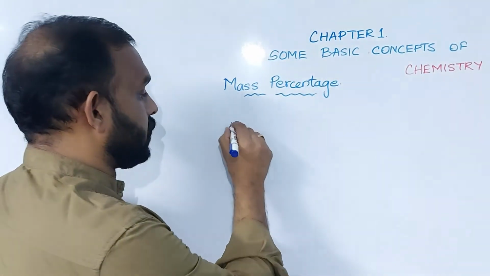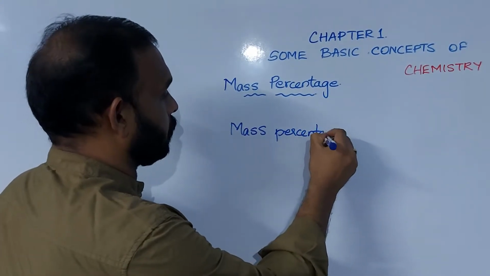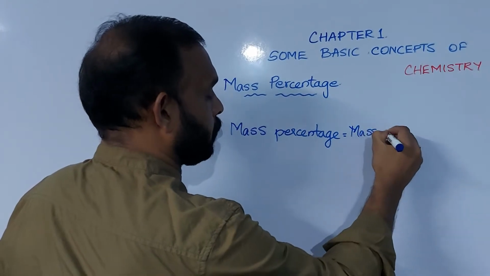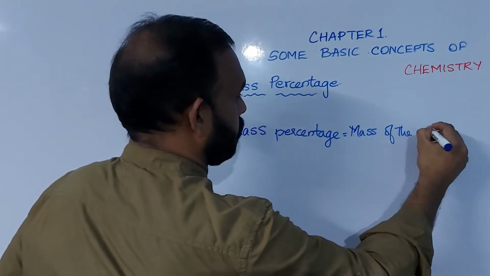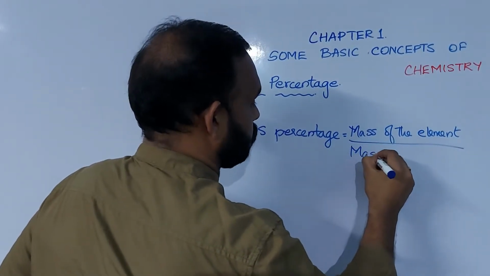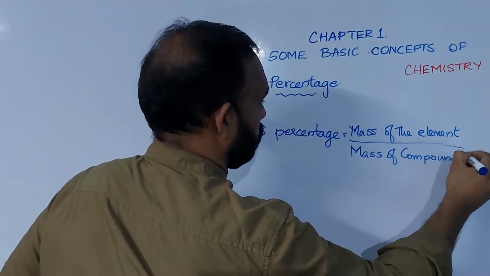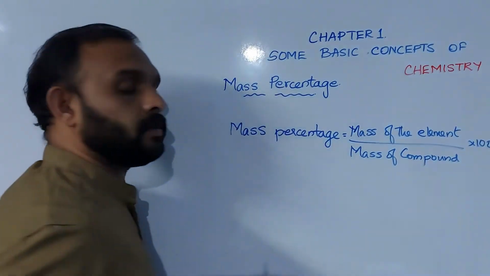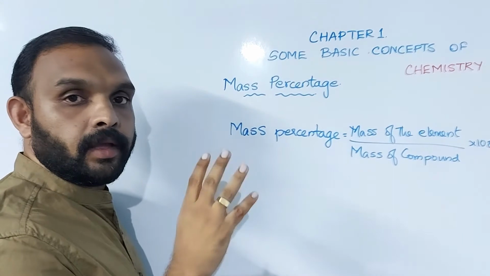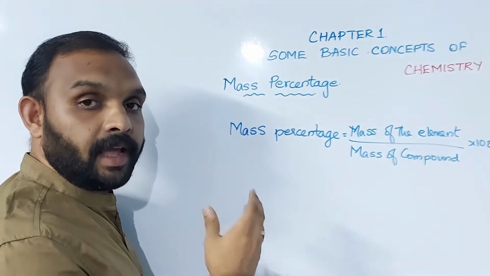That is, mass percentage is equal to mass of the element upon mass of compound into 100. This is the formula which we can write to find out the mass percentage of an element from a compound.